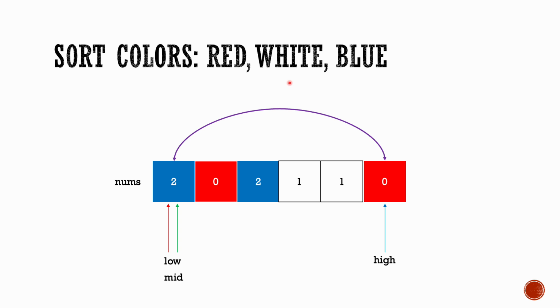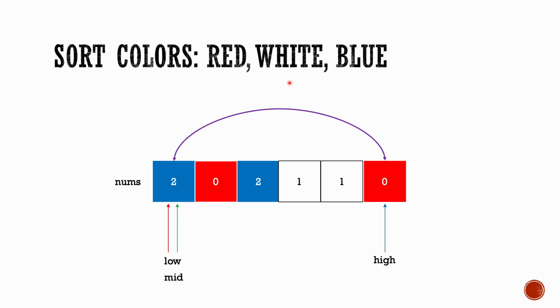Our array will only consist of values in the range 0 to 2 inclusive, which denote these three colors, and we have to make sure that all the zeros go to the front, followed by ones and then twos.